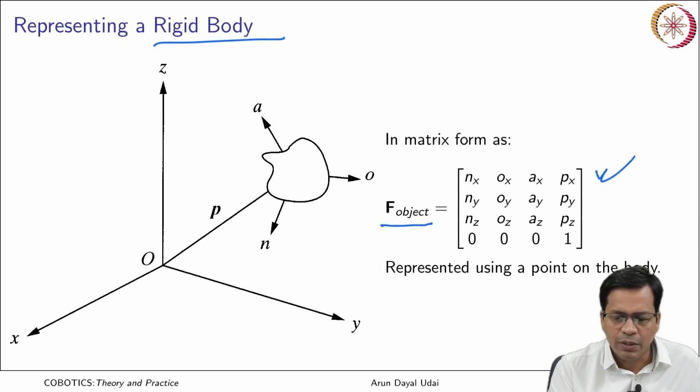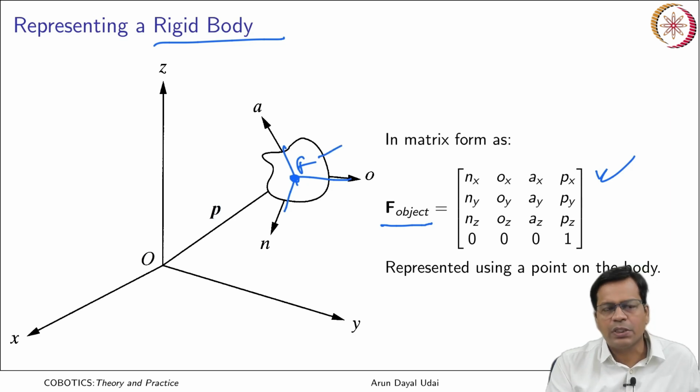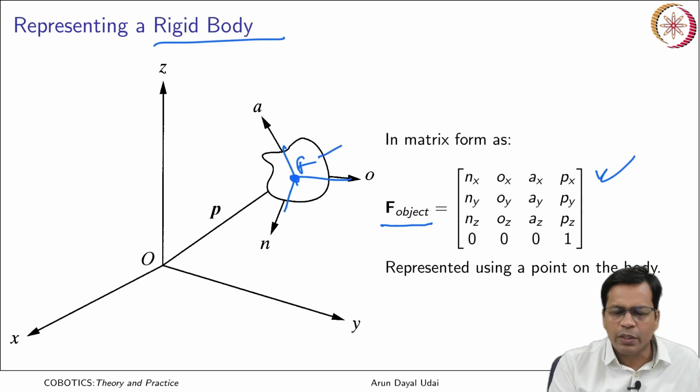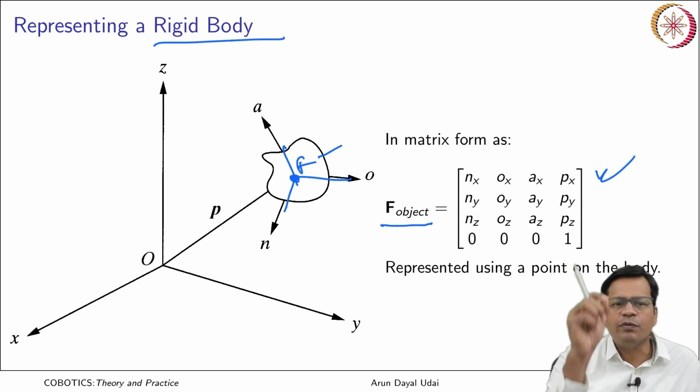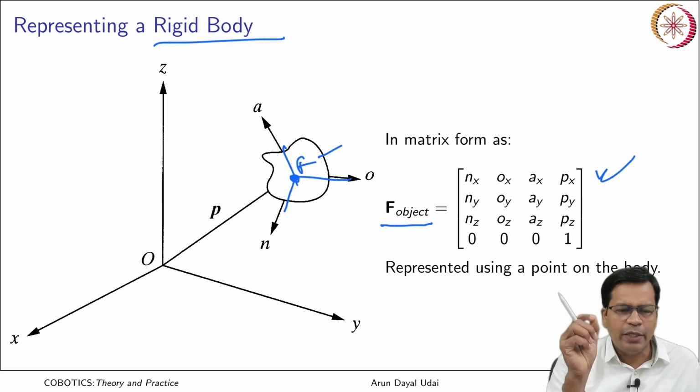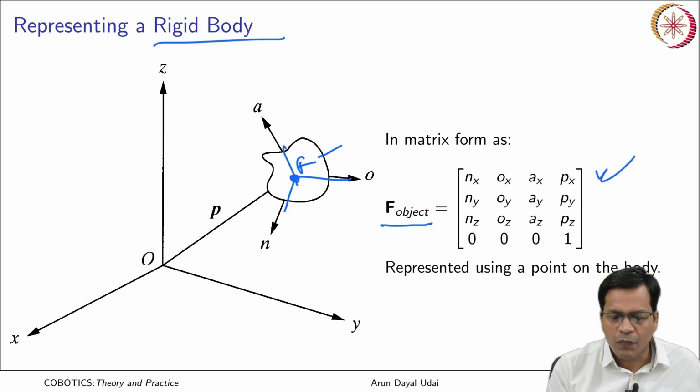This frame is fixed to this rigid body somewhere over here. Whatever is the position and orientation of this frame, that becomes the position and orientation of this whole rigid body in space. So this is how we define the whole rigid body using the frame F. This frame is put anywhere as a point on that rigid body. It can be any point on the body.